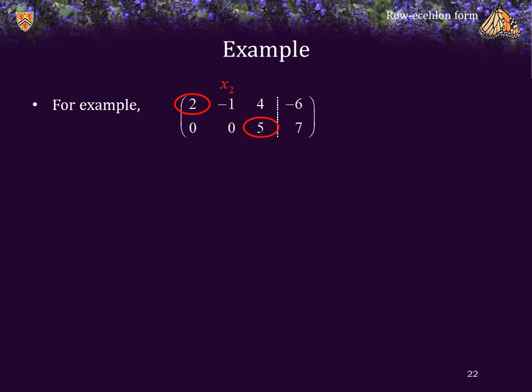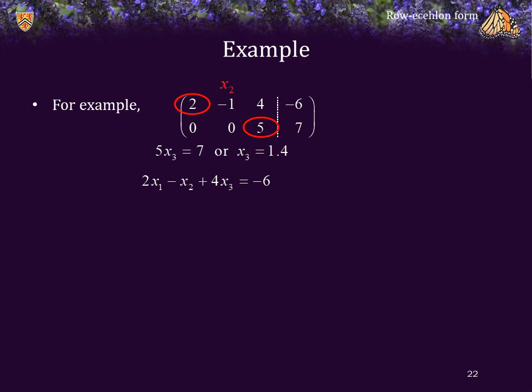Alright, so let's start with the second equation with backward substitution. That last equation just says 5x3 is equal to 7, or dividing both sides by 5, x3 is equal to 1.4. Now going back to row 1, that says that 2x1 minus x2 plus 3x3 is equal to -6.